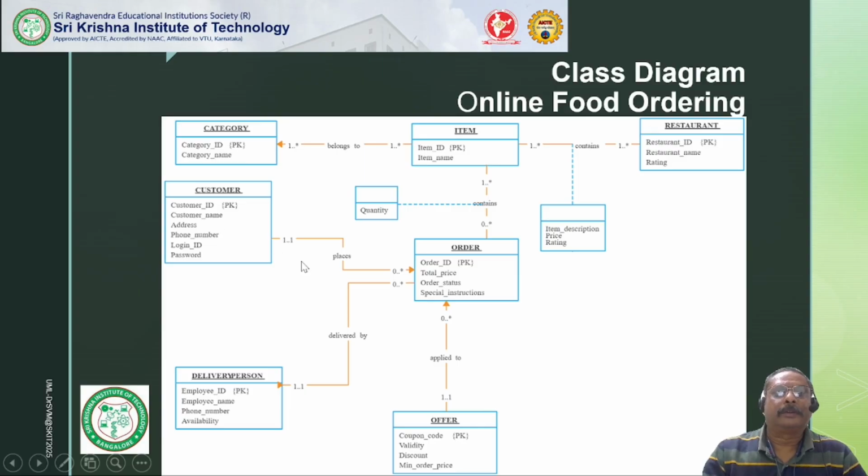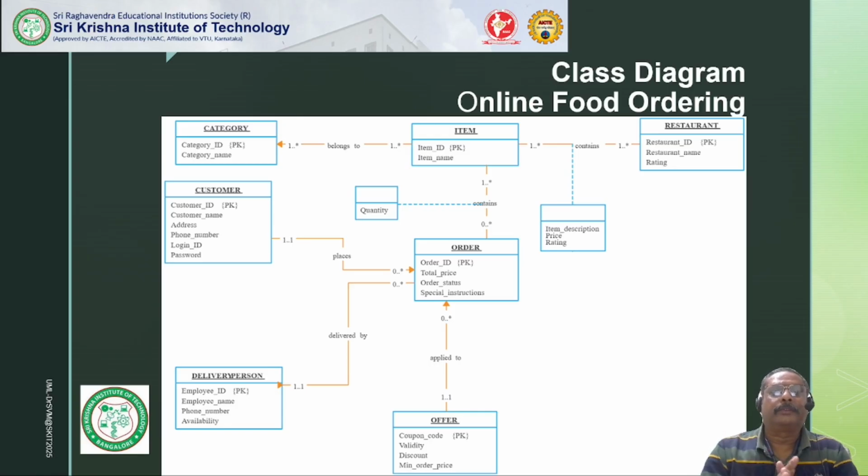One customer can have one order, and that order is delivered by one delivery person. The order can contain any number of items, and these items may have different categories, and one restaurant may have multiple items. So that's how the class diagram can be written for any given use case.